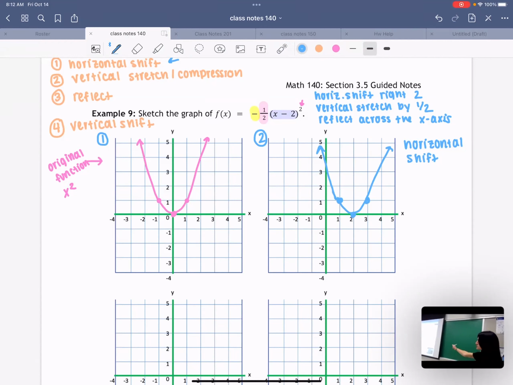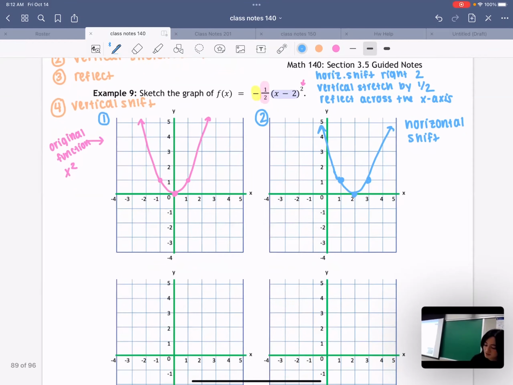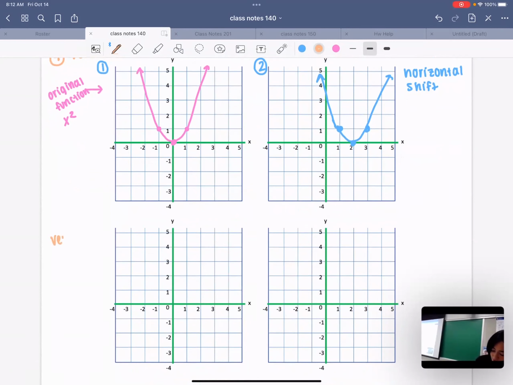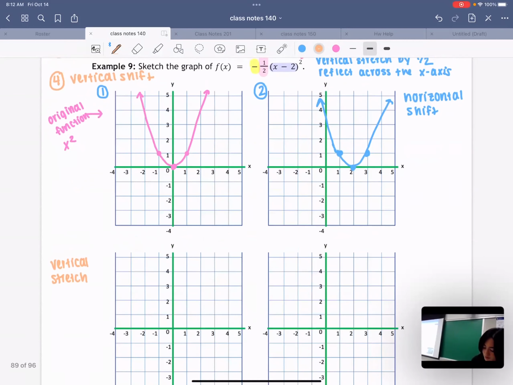Any questions about the horizontal shift? Good. All right, number 2 says we need to vertically stretch next. So the next step that we have to do is take our graph and do our vertical stretch. Now, good question for you.